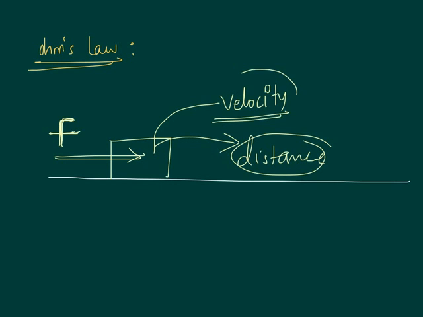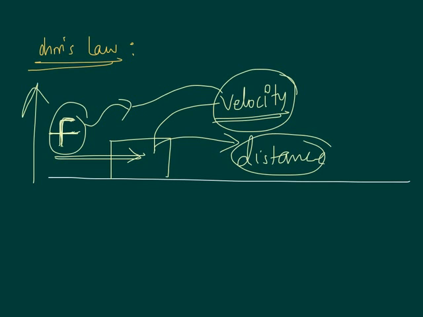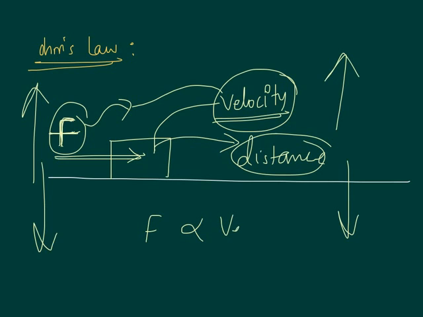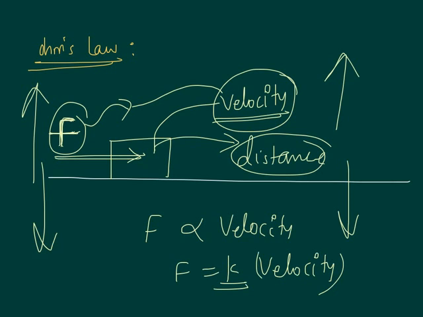That velocity will be proportional to this force. If you apply more force, velocity will be more. If you apply less force, velocity will be less. So there is a proportionality relation between force and velocity, and definitely there will be some constant. Constant into velocity. What is this constant?